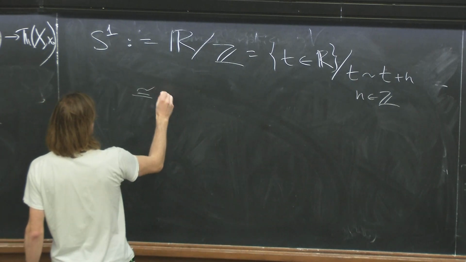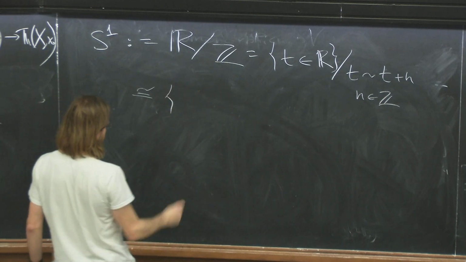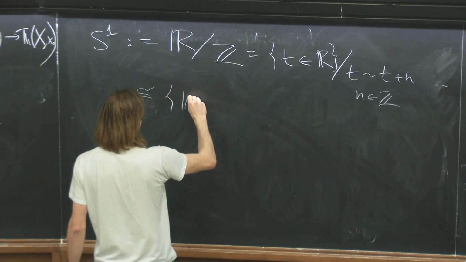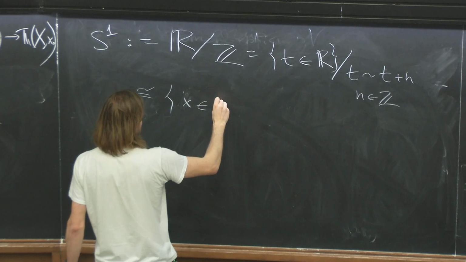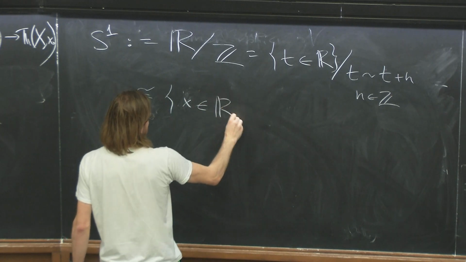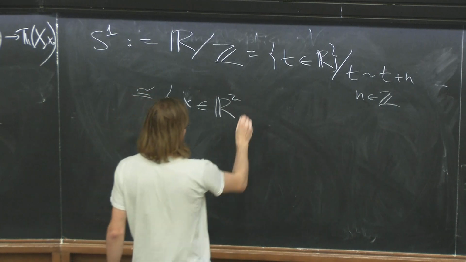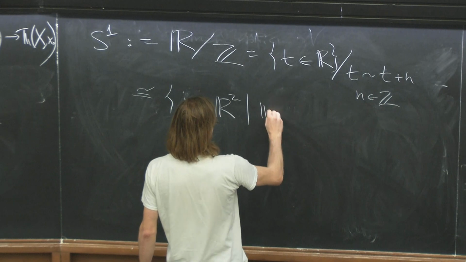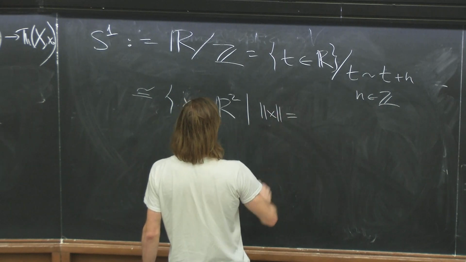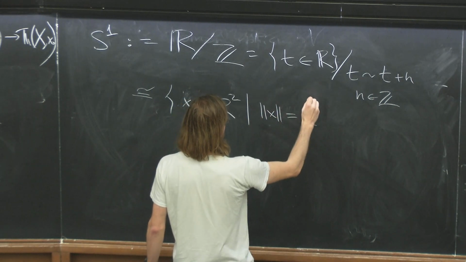This space is isomorphic to the usual representation of a circle as the unit circle in two-dimensional Euclidean space, the subset of points with norm 1.